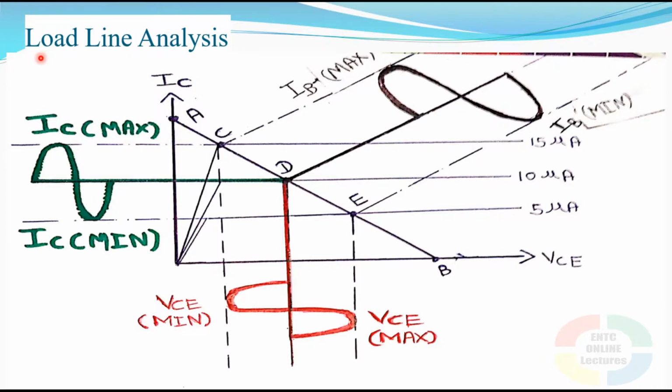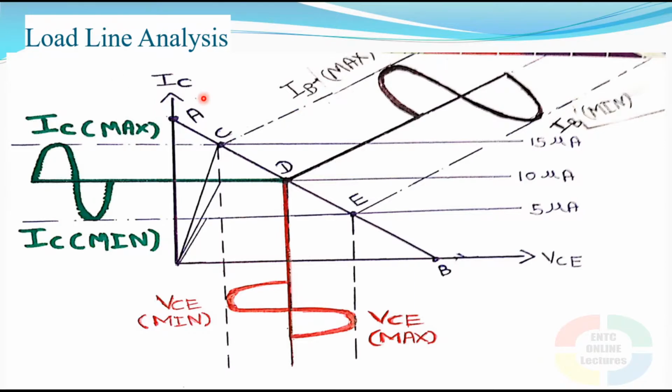Now we will study load line analysis. What is load line analysis? It is the value of input and output voltage in a particular situation. Before studying load line analysis, we have to understand what kind of input and output is used.